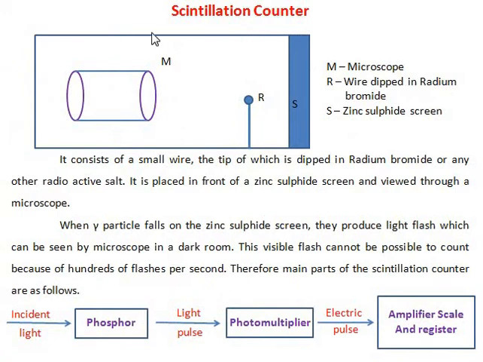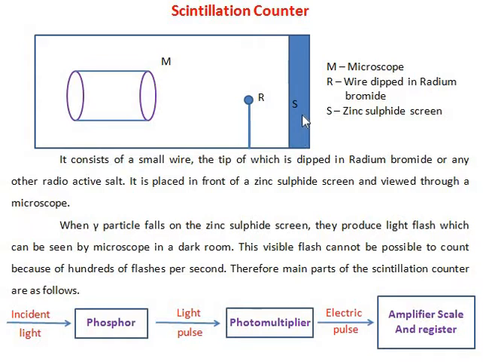Next one is the scintillation counter. The scintillation counter is basically used to detect gamma radiations or gamma particles, dear students. The block diagram of the scintillation counter is here. This is the microscope. Here it is a fine wire, the tip of the wire is dipped in radium bromide, and this is the zinc sulfide screen.